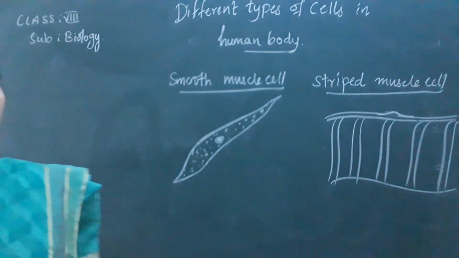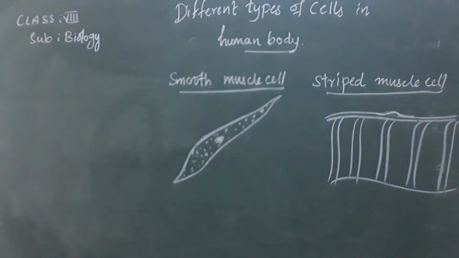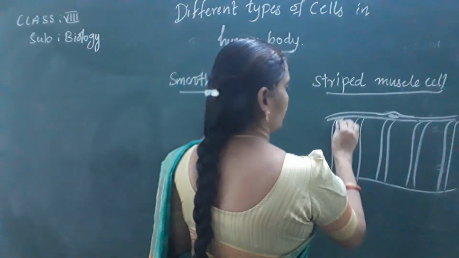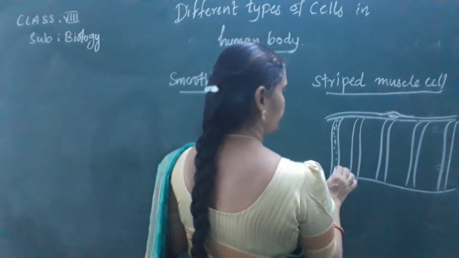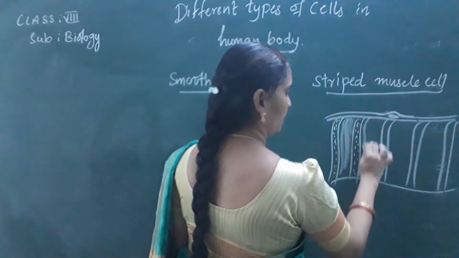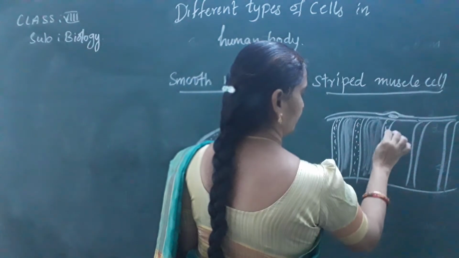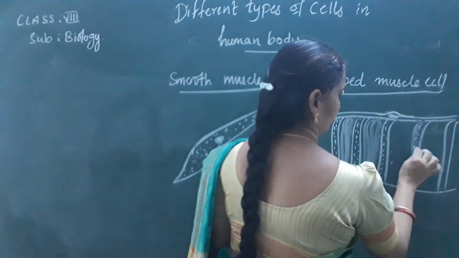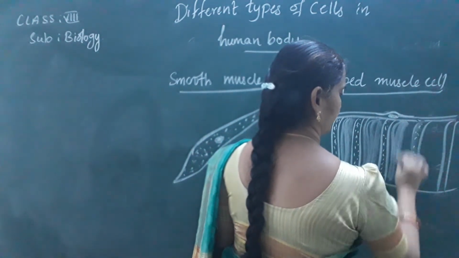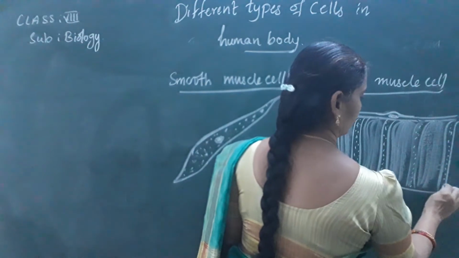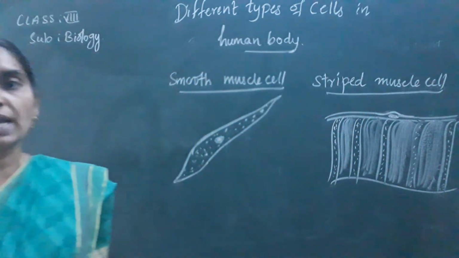You can easily identify the stripes there, from which you can identify the muscles, and you can find the nucleus in between, with cytoplasmic granules embedded in the cytoplasm. So these are striped muscles.